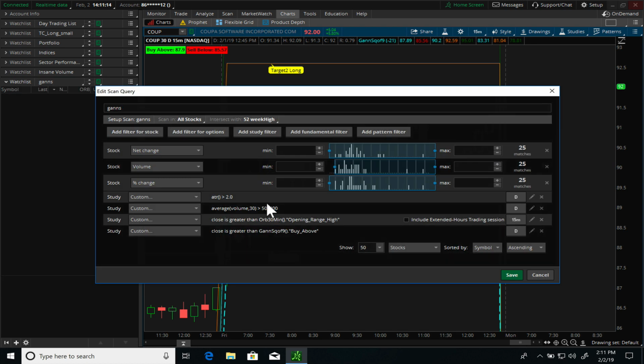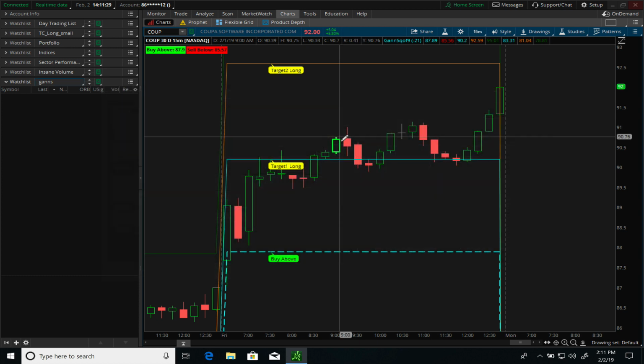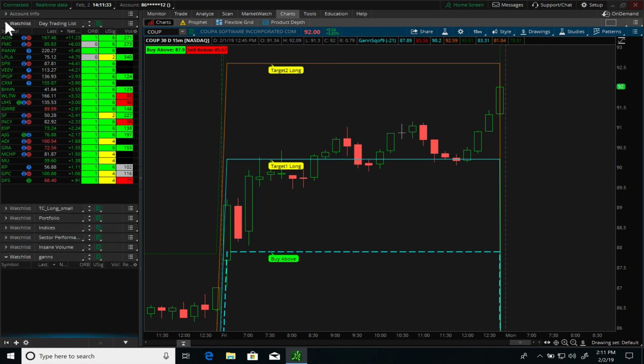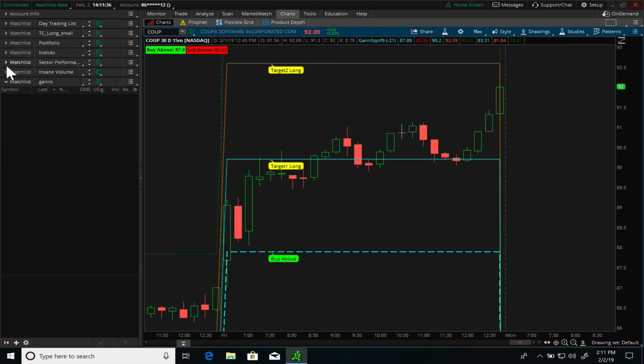So ATR is greater, average true volume is greater than 500,000, and ORB is greater as well. The close is greater than the ORB, and close is greater than buy above. So let's just save this again and wait a couple more seconds to see if it populates. Sometimes the scan doesn't, while the other lists are showing up fine.